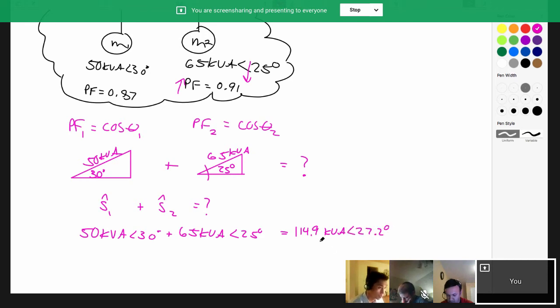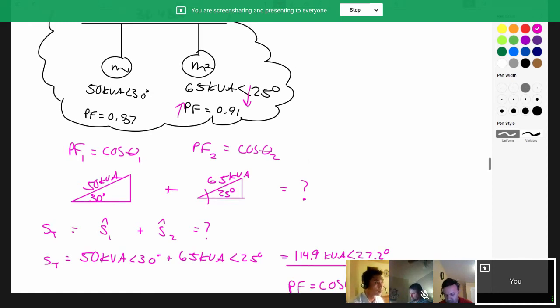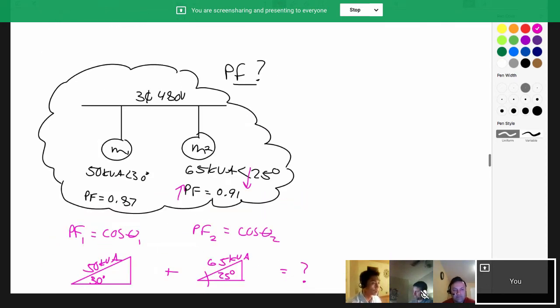All right. So what we just did, we said our total power equals this. So go ahead and tell me what our total power factor is of that system. You said 27.2 degrees? 0.89. Great. So we know the total power factor of that system is 0.89.